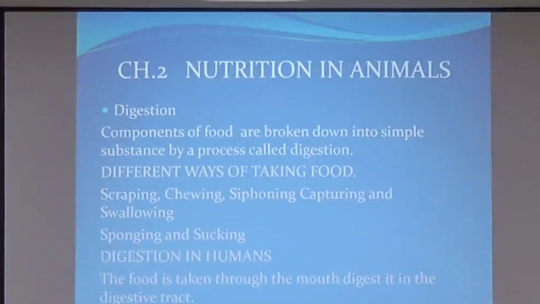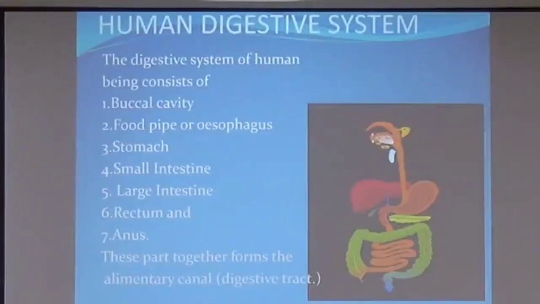But in this chapter, we are mainly concentrating on the digestive process in humans. The food is taken through the mouth and digested in the digestive tract. The digestive tract is also known as the alimentary canal. Let us see the picture of the digestive system.